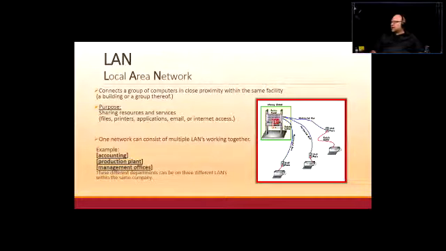One network can consist of multiple LANs working together. For example, a company could have different departments. You could have accounting, a production plant, management offices, and so on. Let's say the accounting department has files that are exchanged just within that department.